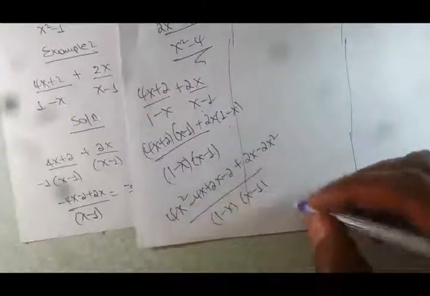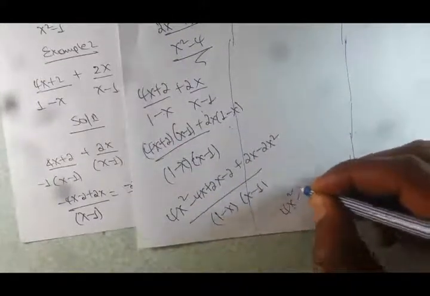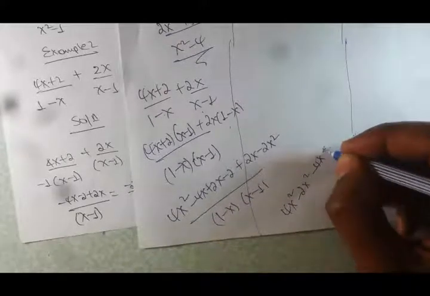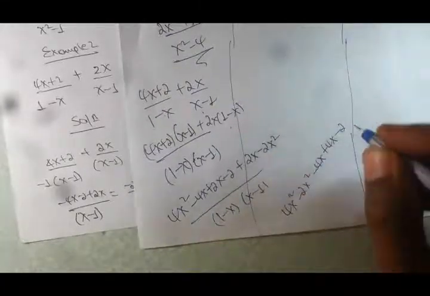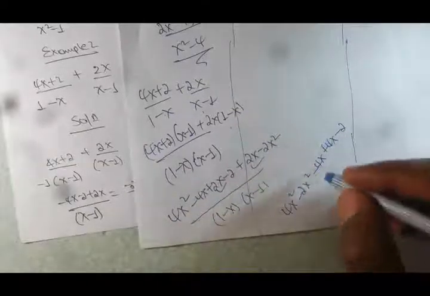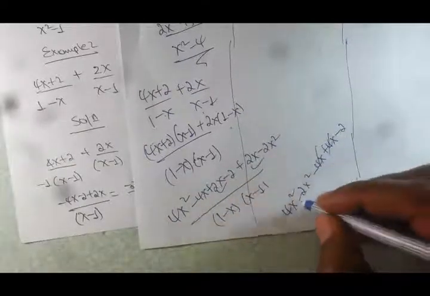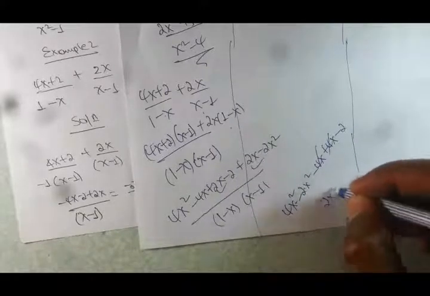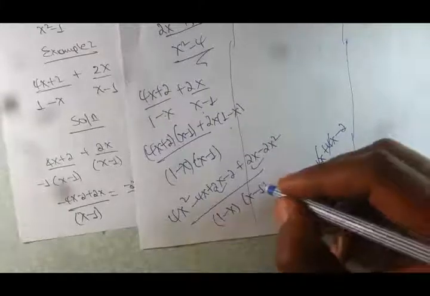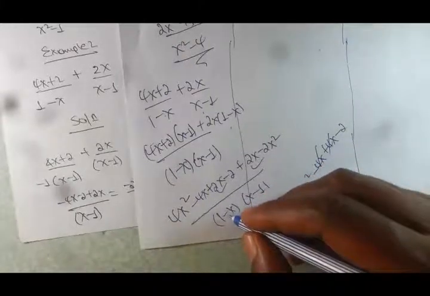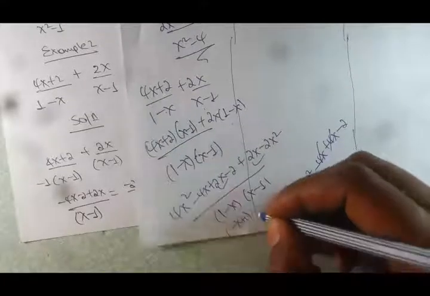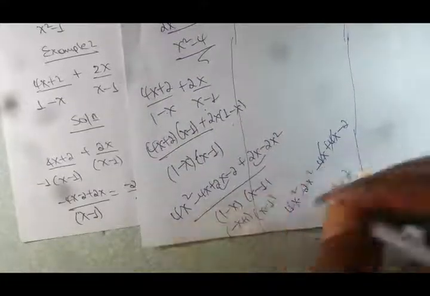Therefore this is equal to 4x square minus 2x square minus 4x plus 4x minus 2, because 2x plus 2x is equal to 4x. Therefore this will be cancelled by this. This is equal to 2x square minus 2 over, this is equivalent to, when you reverse their direction, minus x plus 1 times x minus 1.